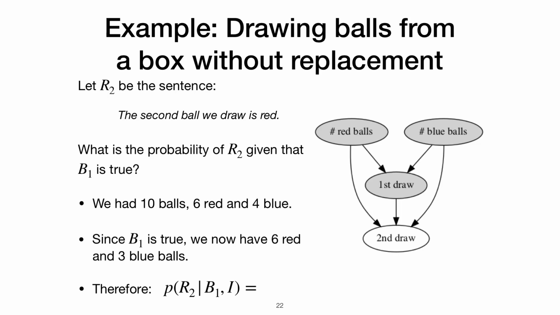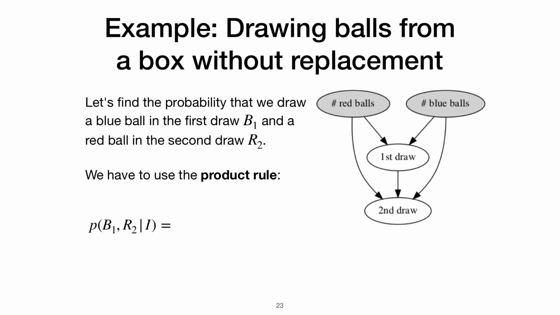Since B1 is true, we know that we now have 6 red balls and 3 blue balls. Therefore, the probability of drawing a red ball, given that we have drawn a blue ball in the first draw, is 6 divided by 9. 6 red balls, 9 balls in total.